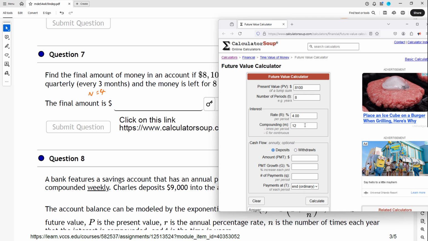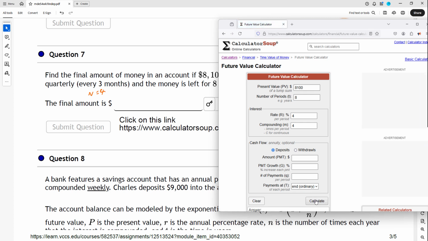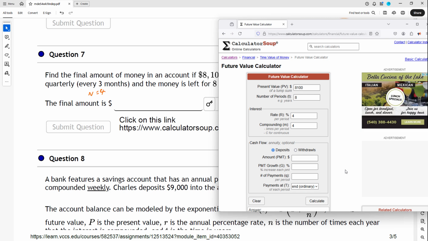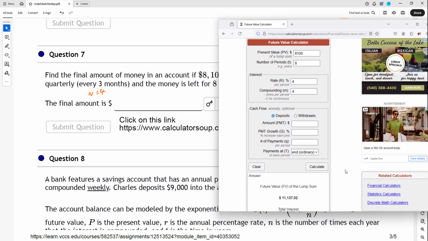And the compounding period here, n is equal to 4. Okay. Hit calculate. And let's see what they give us.